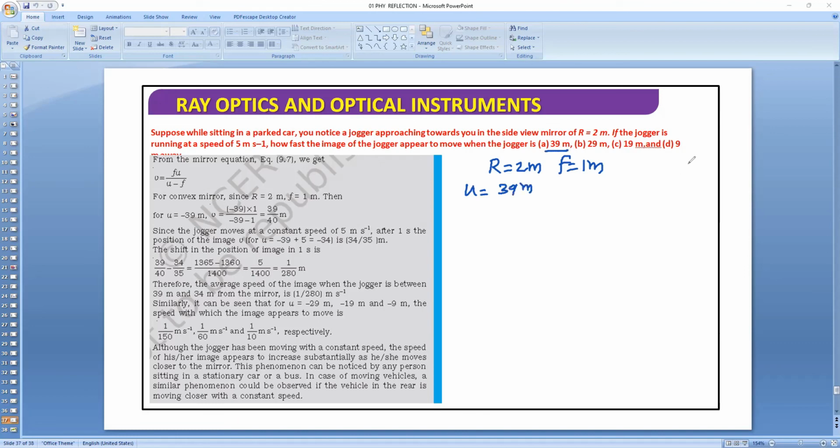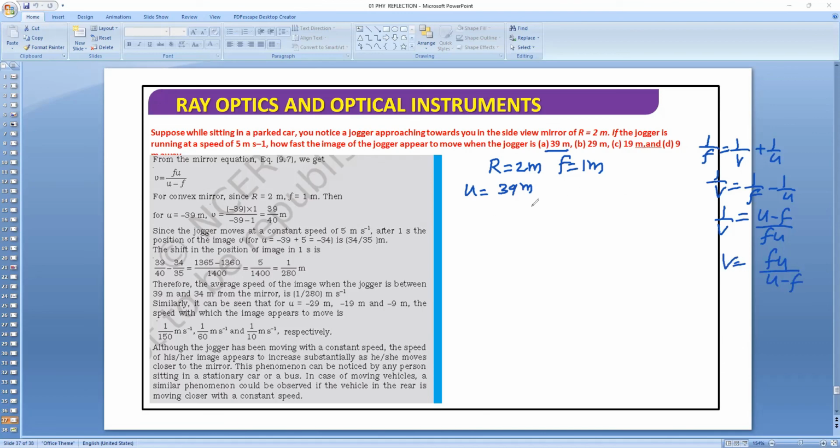As you know, as per the mirror formula, 1 by F is equal to 1 by V plus 1 by U. So 1 by V is equal to 1 by F minus 1 by U, which means U minus F by FU is equal to 1 by V. So V is equal to FU by U minus F. Directly we rearranged the formula for image distance.